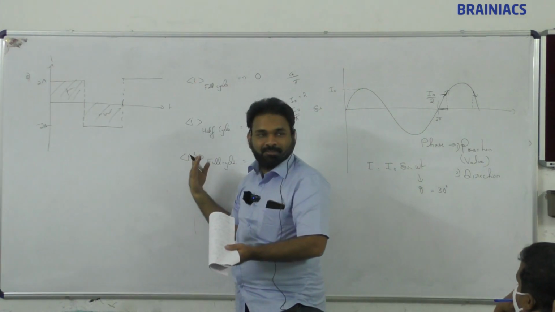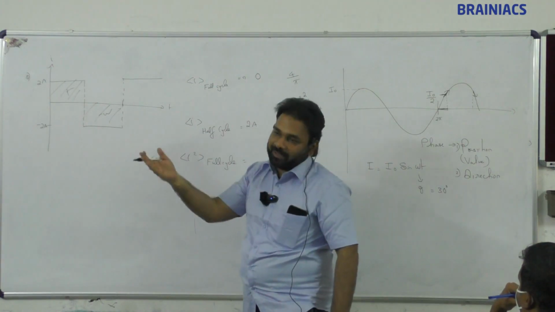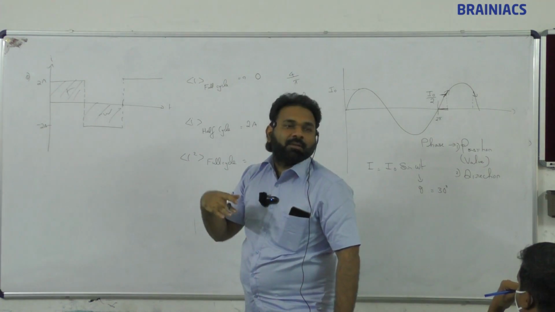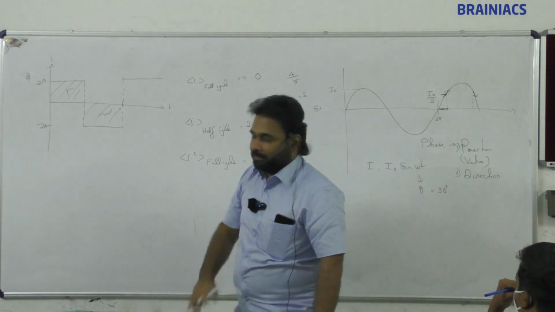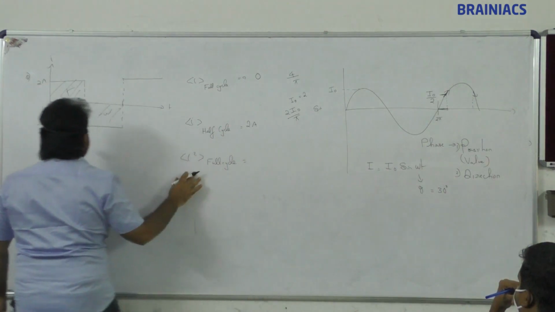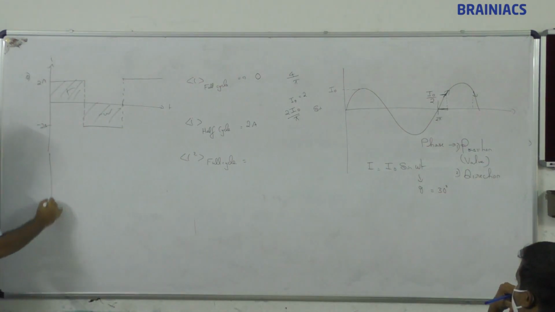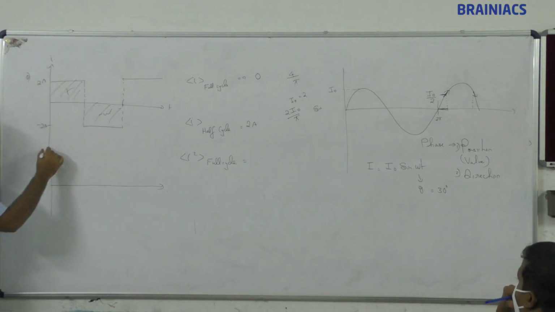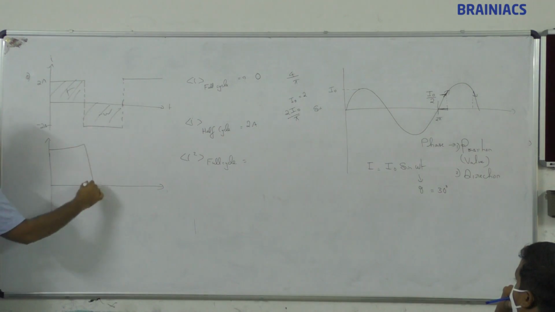Diagrams are also equations. Equation of a straight line is there, diagram is also there. So we can add them, subtract them, integrate them, differentiate them. So when we square, what will happen? This 2 will become 4.